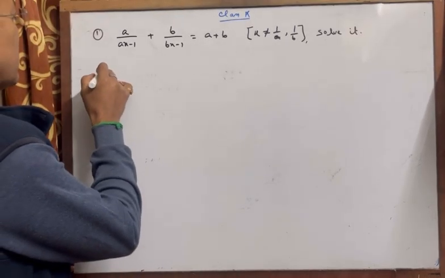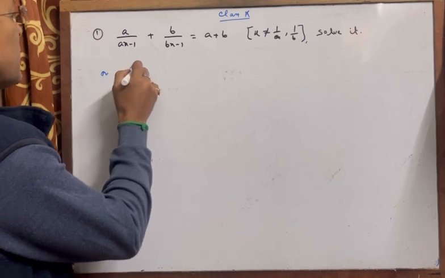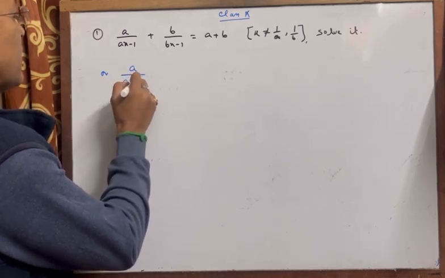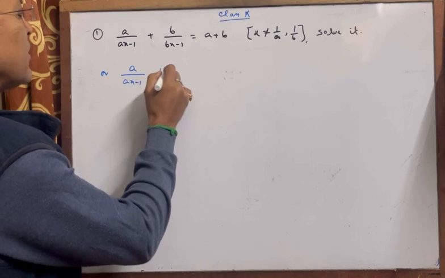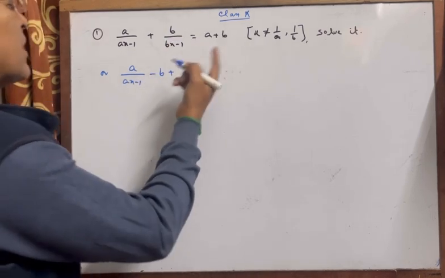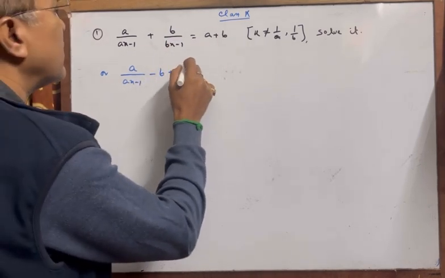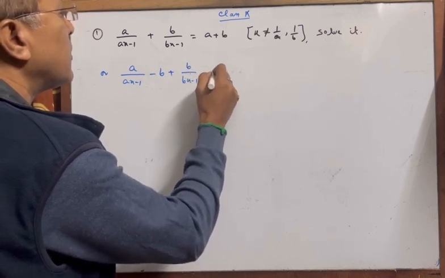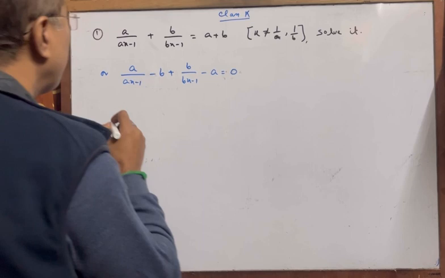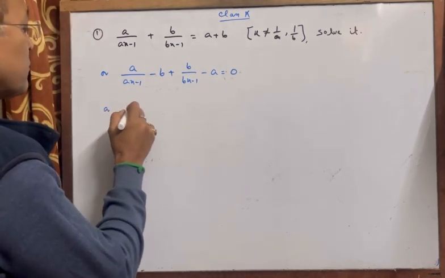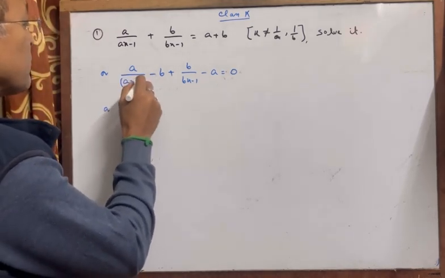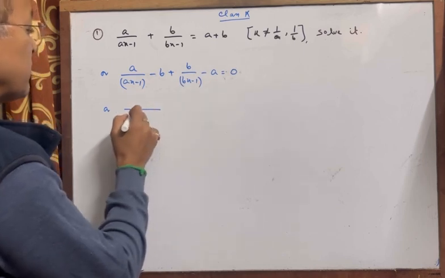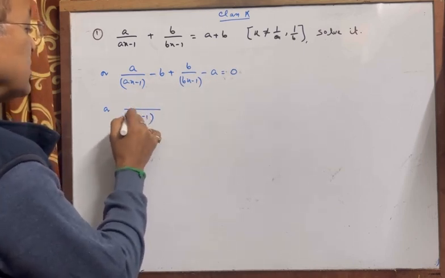First we are doing one thing. a by (ax minus 1) minus b, bringing b and a here: b here and a here, b by (bx minus 1) minus a. Just see how it is being done.